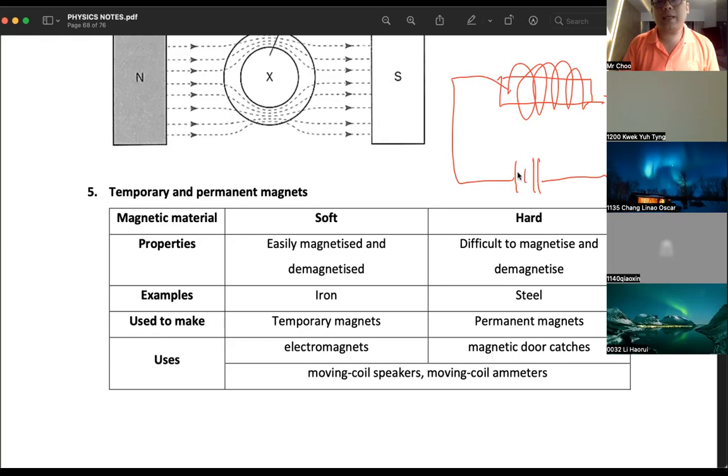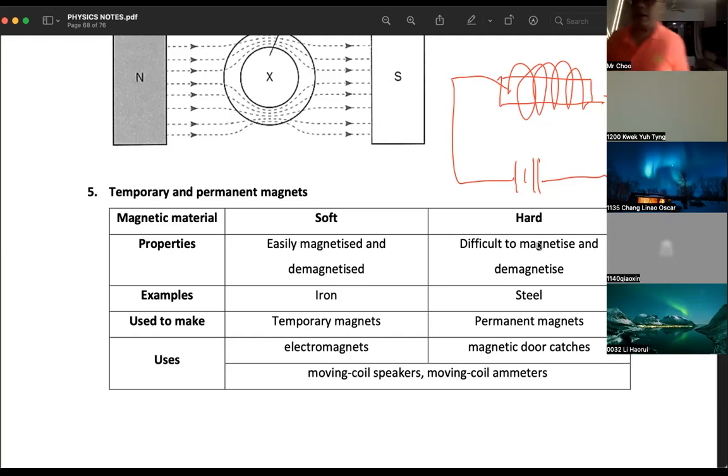If I use an electrical method to magnetize this material, if it's iron, it can be magnetized very, very quickly. Whereas if you use steel inside here, it takes a while to become a magnet, because it is a hard material.